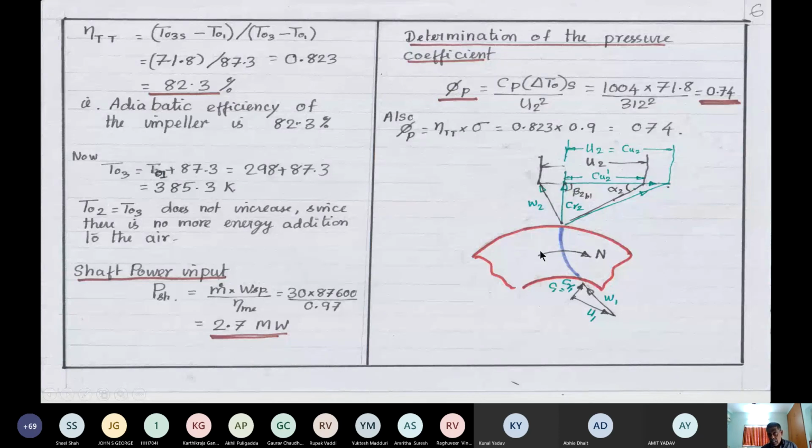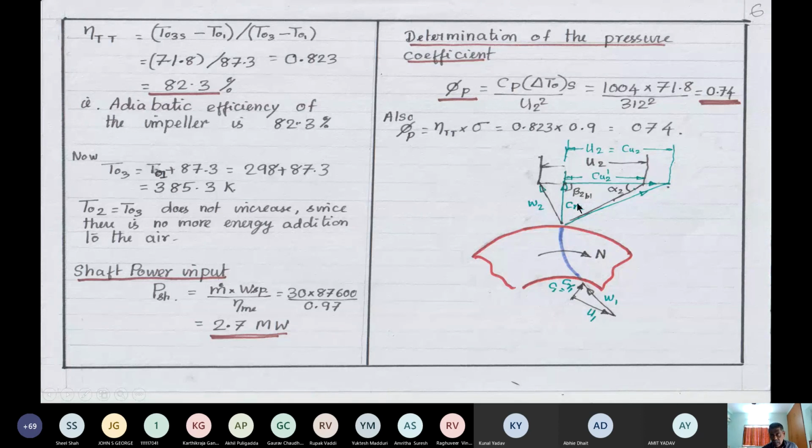Here the slip idea is indicated. You have the inlet velocity triangle and the exit. At the exit, this W2 does not follow the blade angle beta 2B. Instead it slips back.